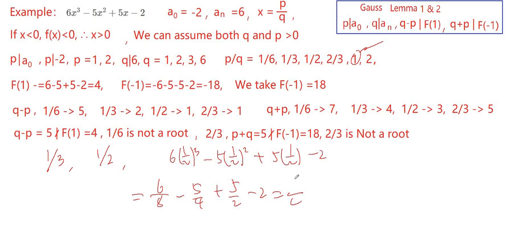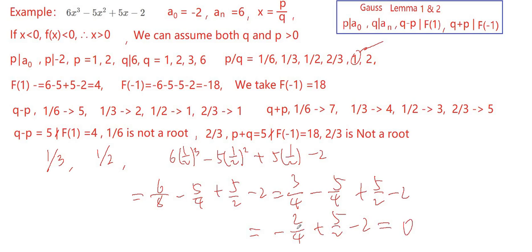This is 3 minus 5 is 2 plus, and this is equal to 0 because this is 1 divided by 2, so it becomes 4 divided by 2, so it is 0.